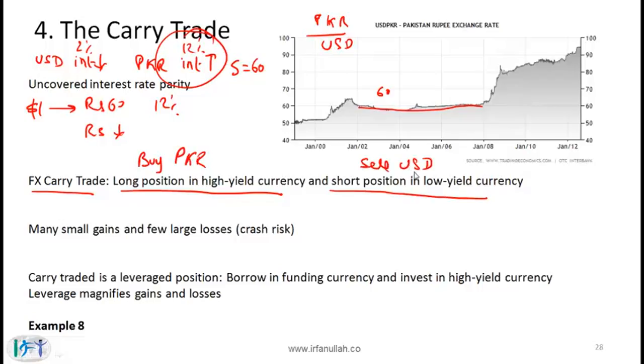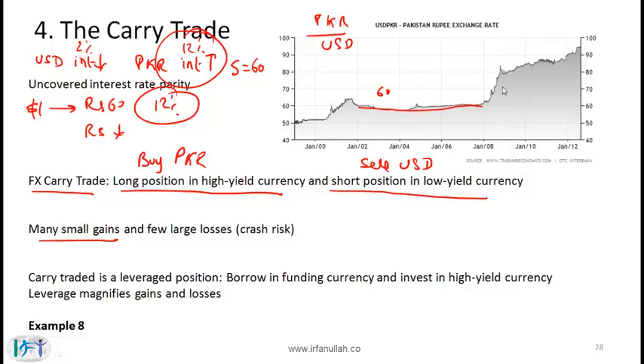So sell US dollars to buy rupees, invest at the relatively high yield in the rupee, and then eventually convert back to US dollars. And if the exchange rate has remained stable, clearly this is a profitable strategy. So studies have shown that investors can actually make lots of gains doing this, and those gains happen if there isn't much volatility in the exchange rate.